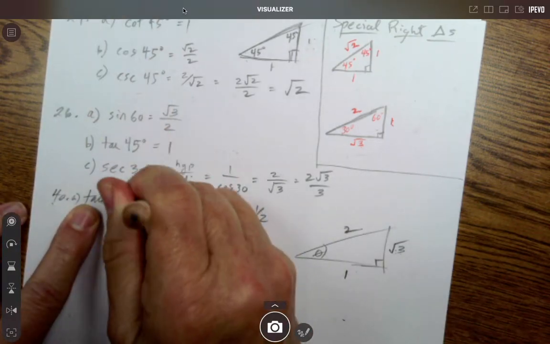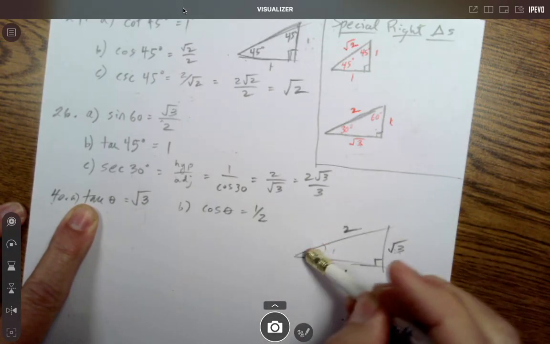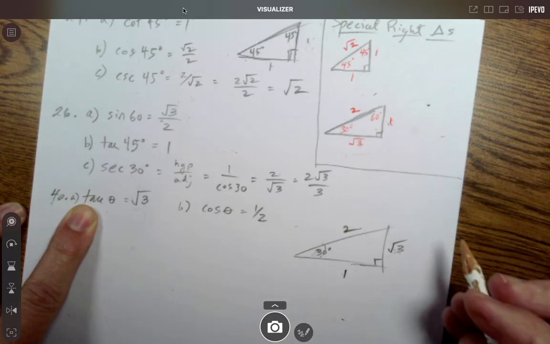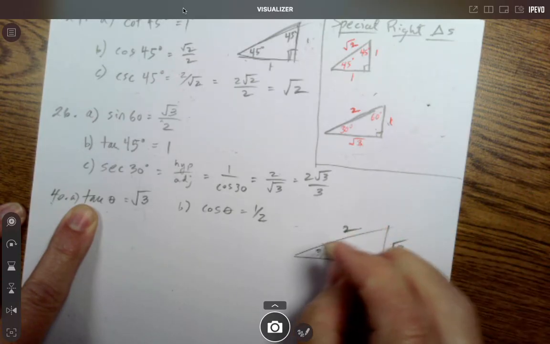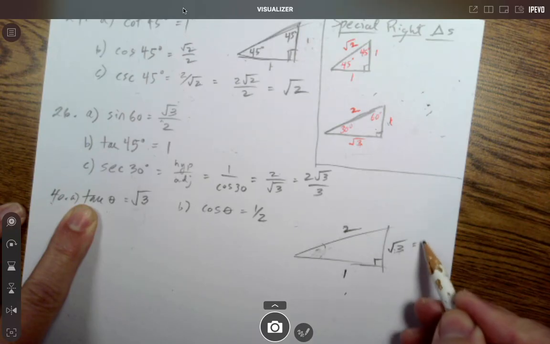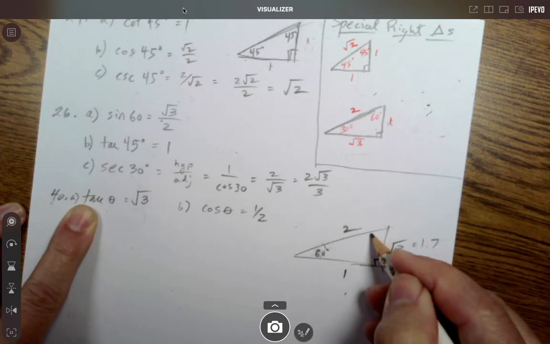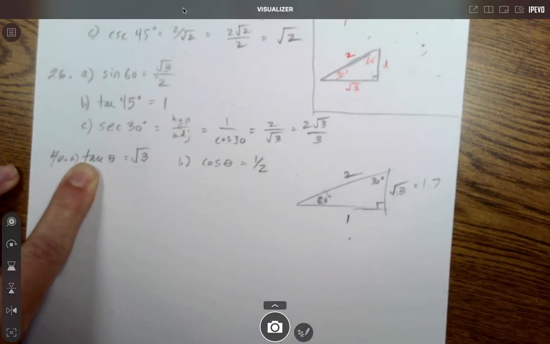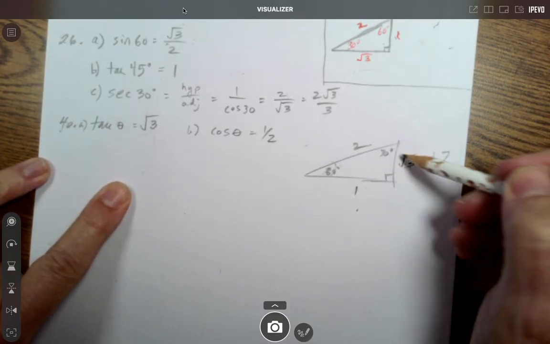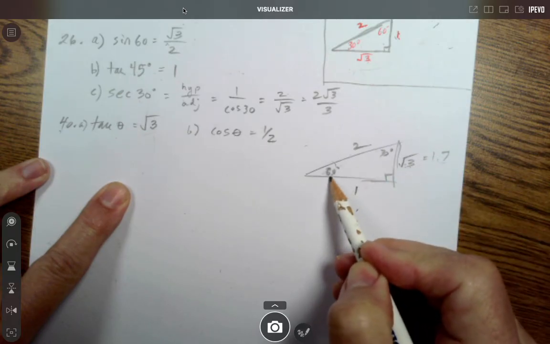Okay, so we know that this angle's got to be the smaller, 30 degrees, right? Or wait, is that right? No, this is about 1.7. So this is the 60 degree angle. This is the 30 degree angle. I just drew it badly, but yeah. Because remember, the longer side, in this case 1.7, is across from a bigger angle.